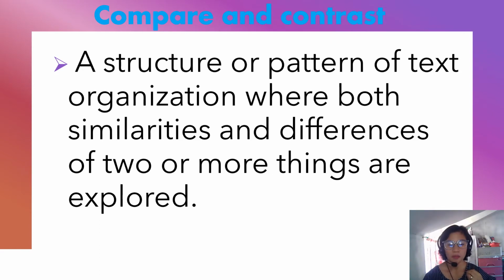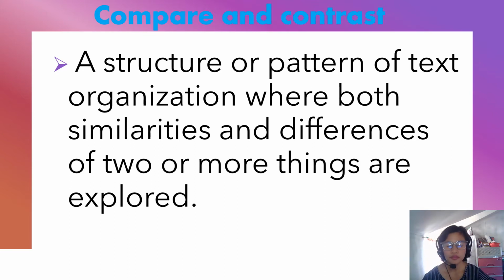So when they say compare and contrast, this is where similarities and differences of two or more things are being analyzed or examined. It is important to remember that with the compare and contrast text structure, the text should be discussing both the similarities and the differences.